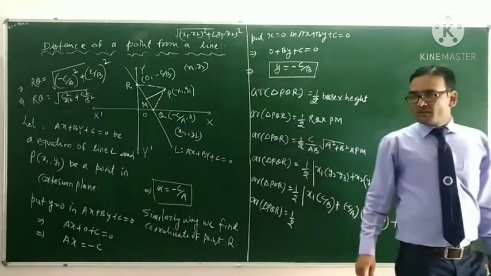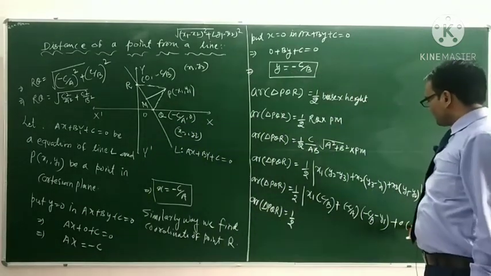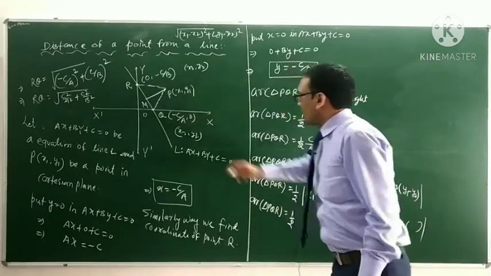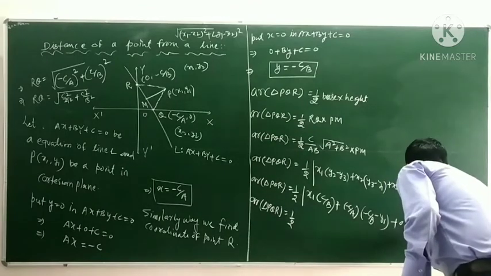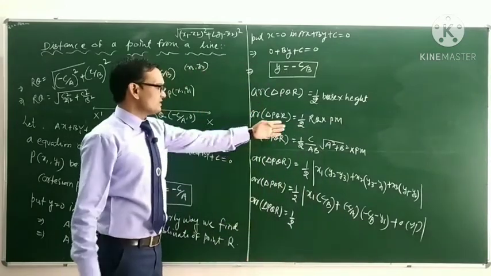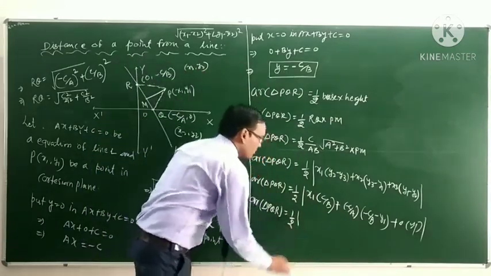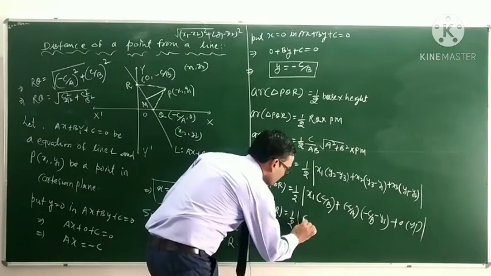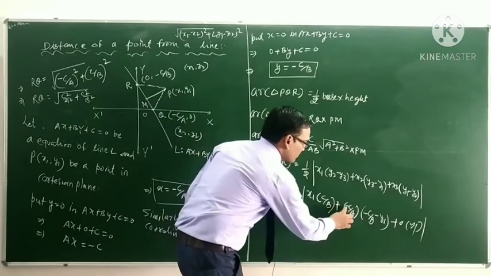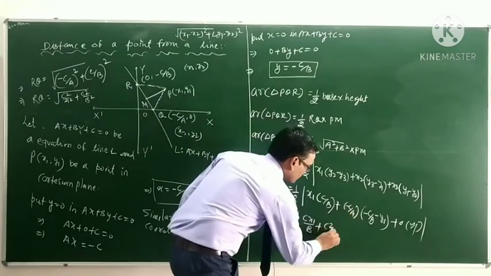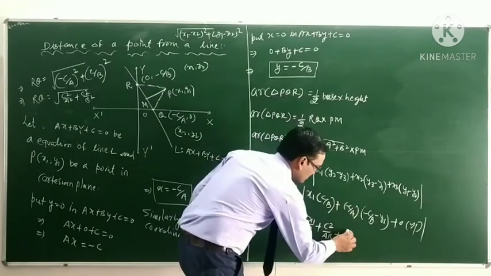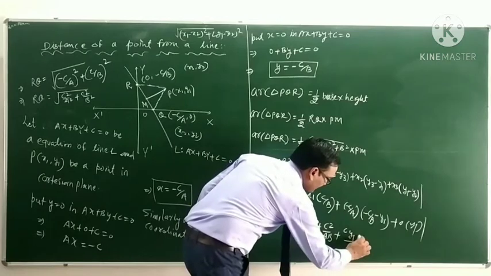Here we write y1 minus y2, that means y1, since y2 is 0. So 1 by 2 mod of cx1 upon b plus c square upon ab plus cy1 upon a.